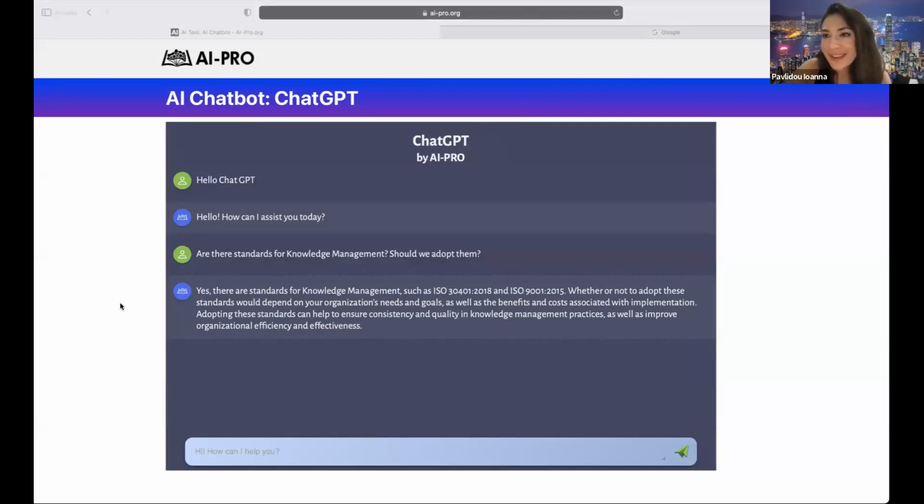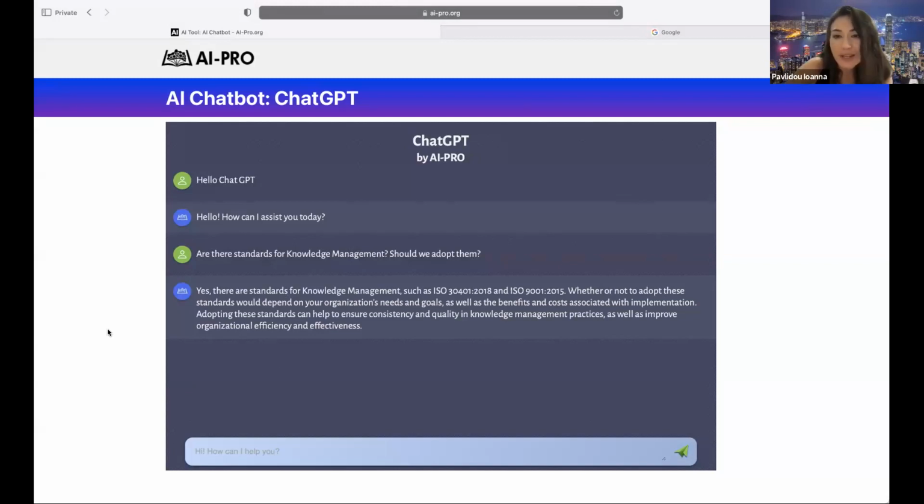And so I asked ChatGPT if there are standards for knowledge management and whether we should adopt them, the same question that Professor Tsui just answered. And the answer is yes, there are standards for knowledge management, such as ISO 30401 2018 and 9001 2015.